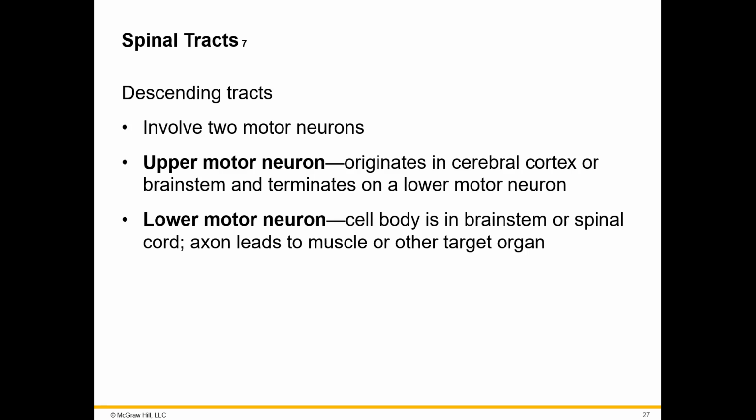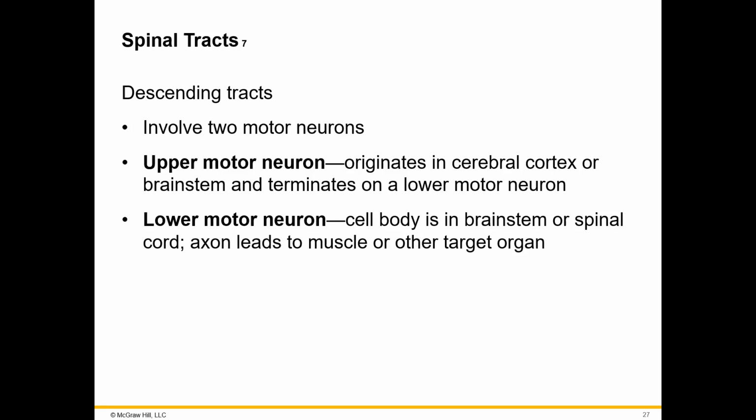You have upper motor neurons that originate in the cerebral cortex or the brainstem, and they terminate on a lower motor neuron.